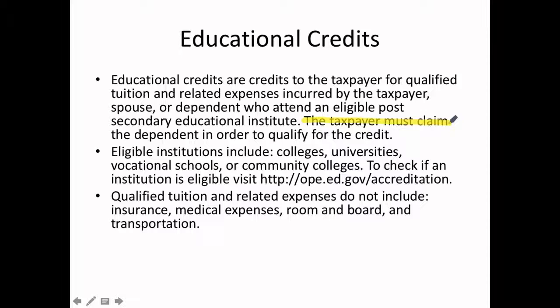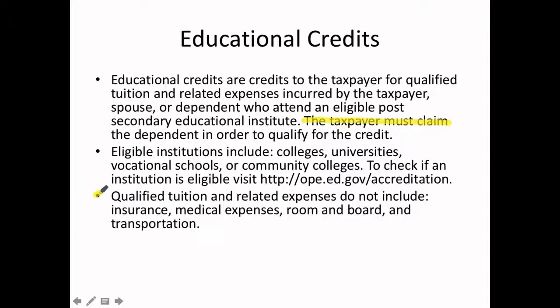So as you can see on point number 3, qualifying institutions and related expenses do not include insurance, medical expenses, room, board, and transportation. So whenever you're thinking about educational expenses, you are strictly thinking about tuition and tuition costs only, but you cannot add insurance, medical expenses, room and board, transportation, food, or anything like that, right?